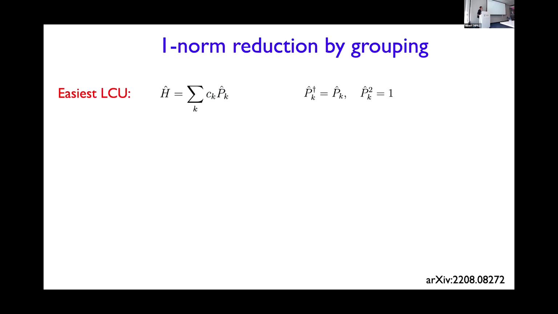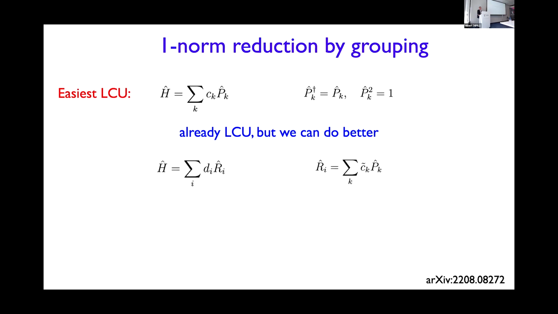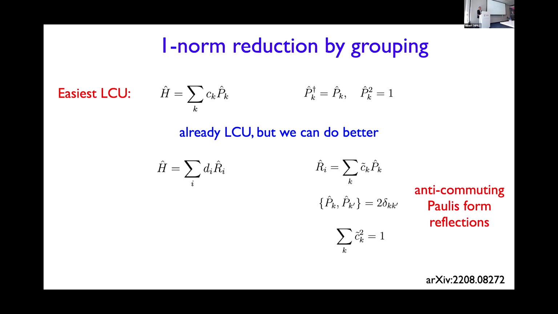And there the interesting algebraic technique is that you can again group Pauli products, because original Pauli products already provide you an LCU, but you could do better in terms of one-norm if you group anti-commuting Pauli products, right?